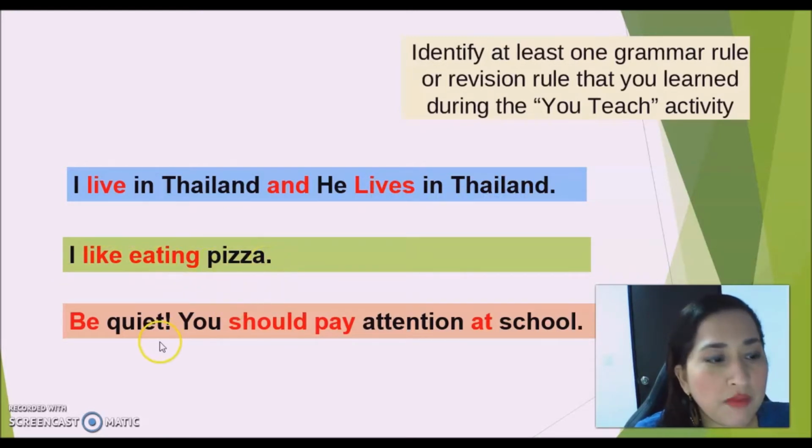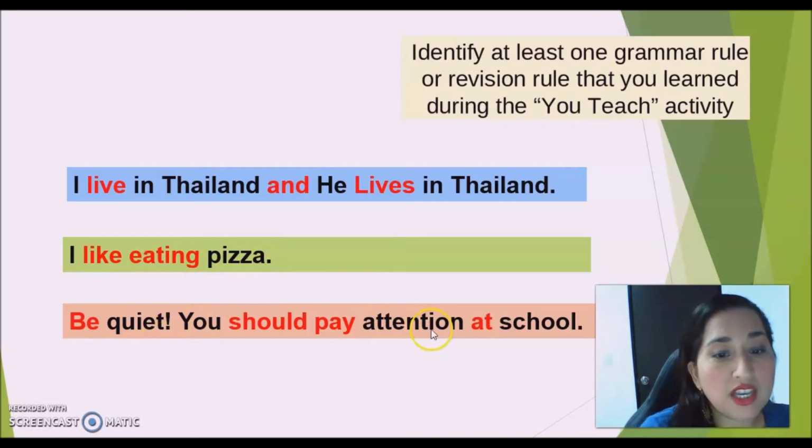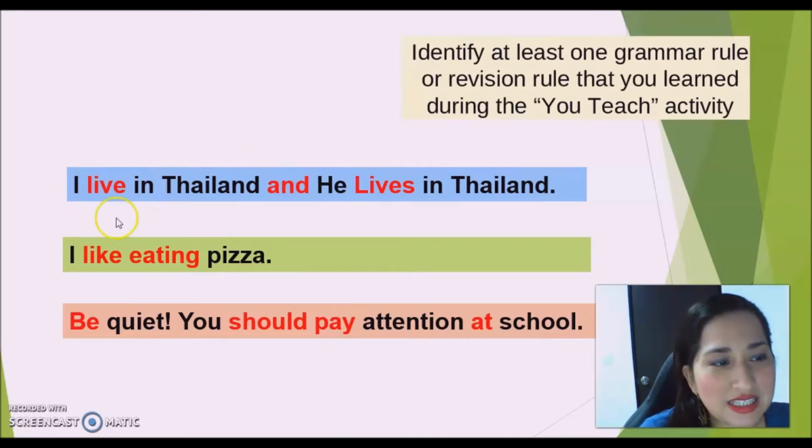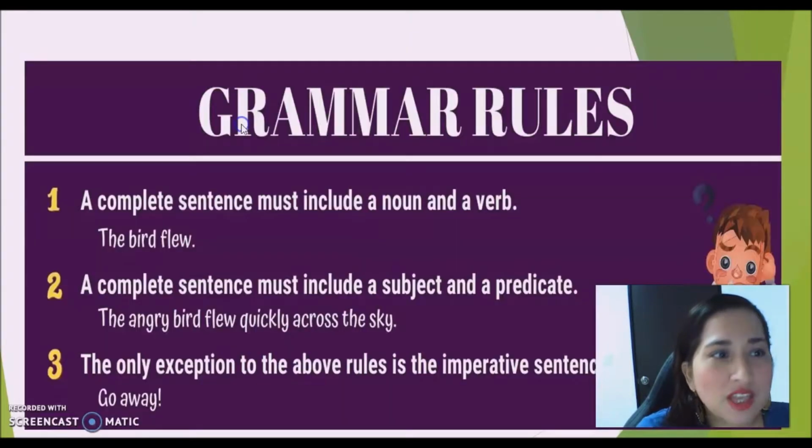And number three, be quiet. You should pay attention at the school. Okay? So pay attention to those sentences and write in your English portfolio what rules are represented in these sentences.